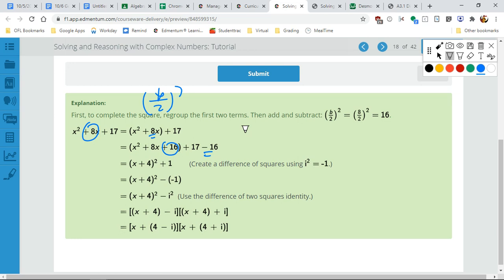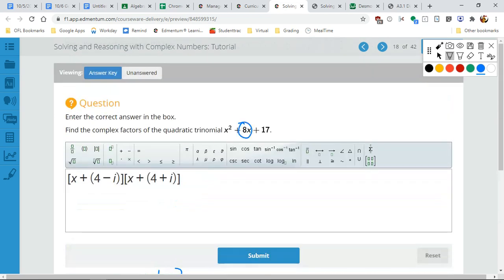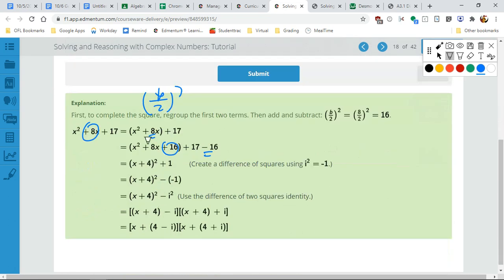Well, what's another way of saying this 1? Oh, well, we can just say that this is negative 1. And if we take the square root of that, we're going to get this i. So what's happening here is they're basically taking half of this, squaring it, and they want to make this i somehow.